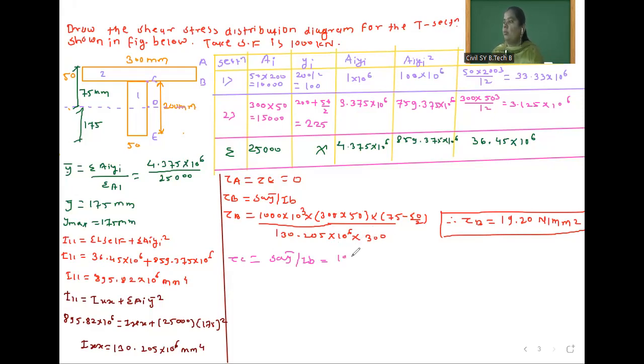So it is equal to 1000 into 10 raised to 3 into 300 into 50 into y bar, 75 minus 50 by 2, divided by moment of inertia 130.205 into 10 to the power 6 into width for this C section, which is 50. That is 115.20 Newton per mm square.